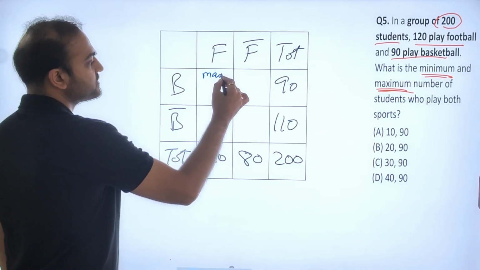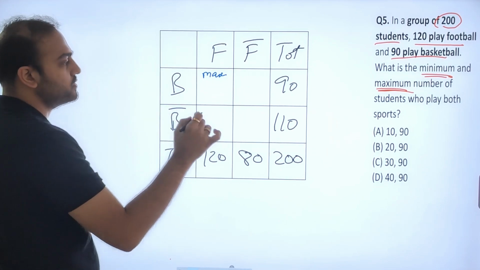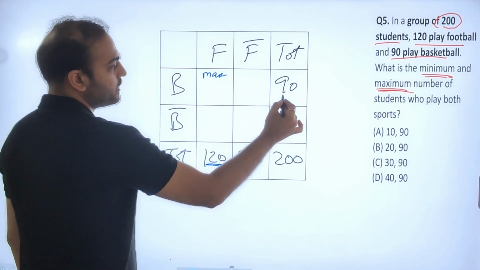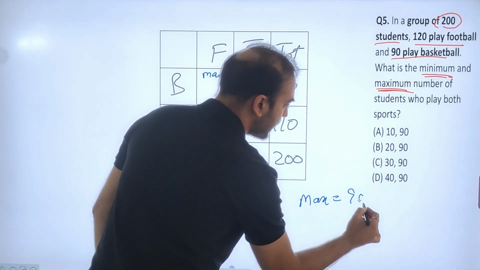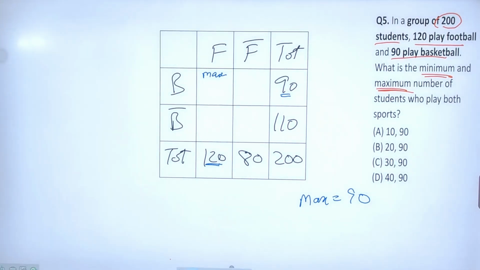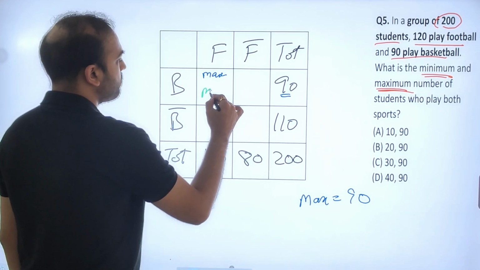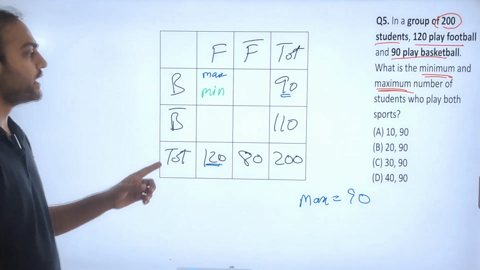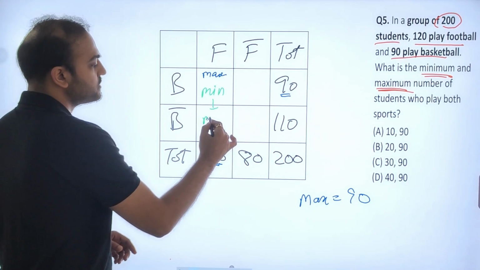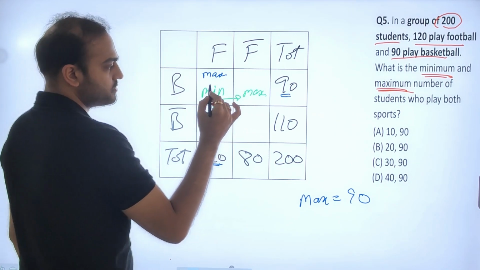So when this is maximum, as you know by now, we can simply observe 120, 90, maximum is 90. Now if you want minimum, you can't find minimum directly, you maximize the adjacent elements.